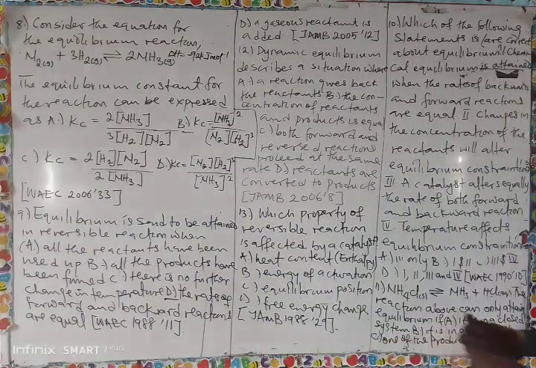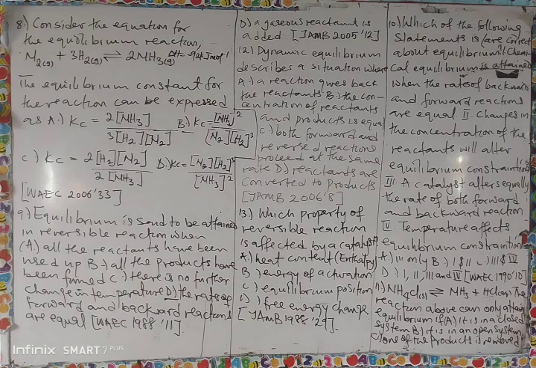Number 10. Which of the following statements is or are correct about equilibrium? Number 1. Chemical equilibrium is attained when rates of backward and forward reactions are equal. That one is correct. Number 2. Changes in concentration of the reactants will alter equilibrium concentration. Yeah. Changes in concentration, changes in pressure, changes in temperature will affect equilibrium.